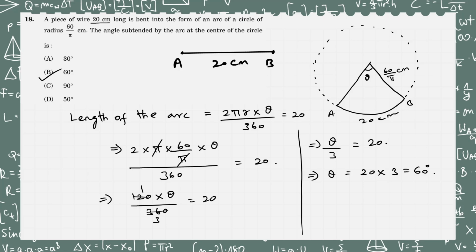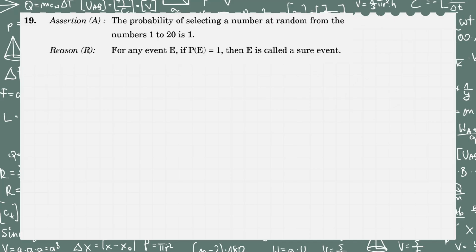Now let us move on to the assertion and reason based questions. Assertion A is the probability of selecting a number at random from the numbers 1 to 20 is 1. Here you have to understand the sum. Usually you may think that the probability of selecting a number at random from the numbers is 1 by 20.